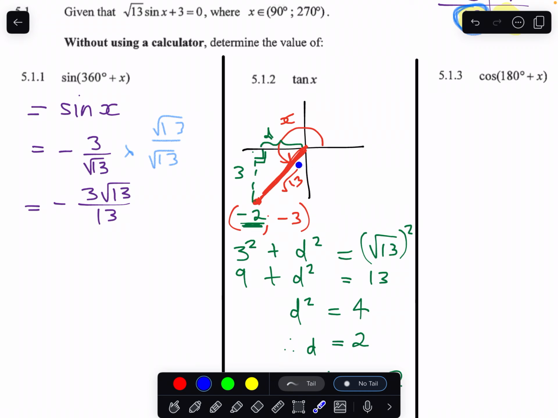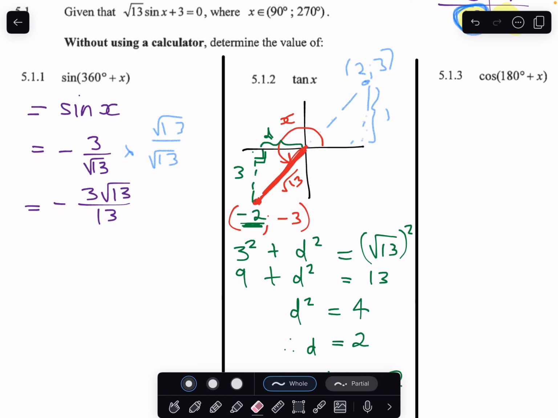And so your triangle would kind of appear here now, where this is 2 units and this is 3 units, so you'd have the coordinates 2 and 3. So the cosine ratio of 180 plus x would be the x coordinate divided by the length of this radius, which doesn't change, would be root 13. So I don't know if you'd get full marks for doing it that way, but I think that is potentially one way you could do it.